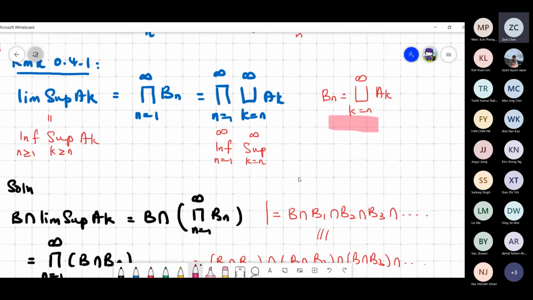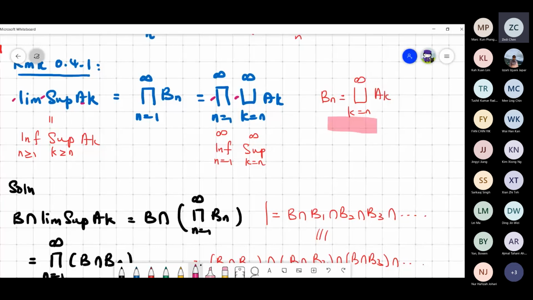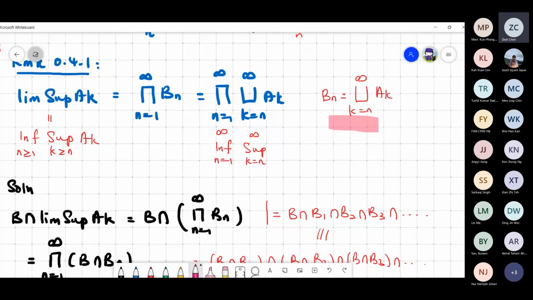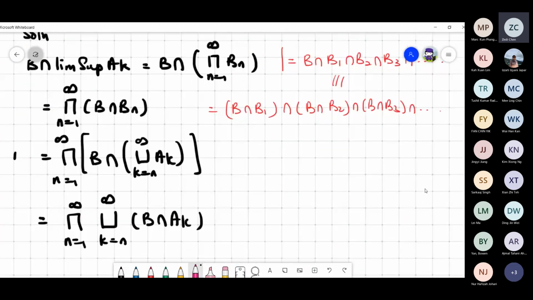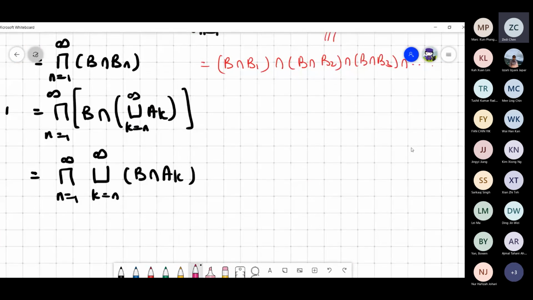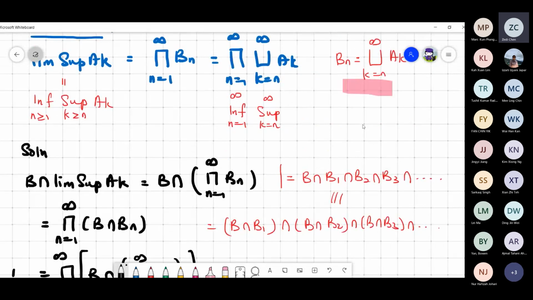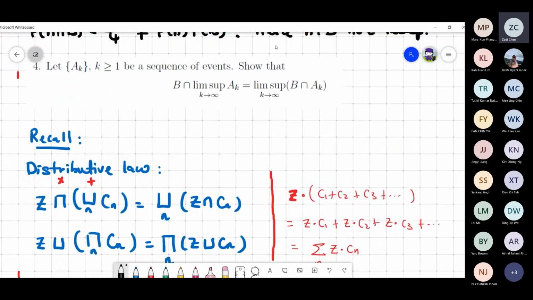You have intersections, unions, which will be the lim sup of AK. And if you look at it, that means this one will just equal the limit supremum, k approaching infinity, of B intersect AK. So that's it. This is what we wanted to verify over here.